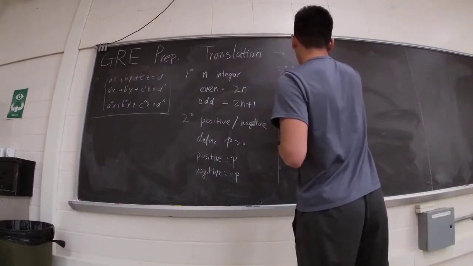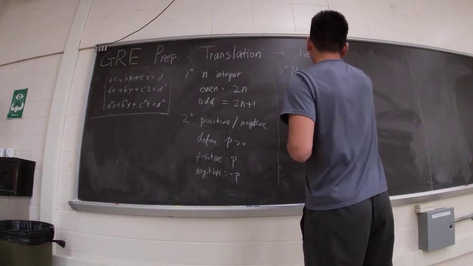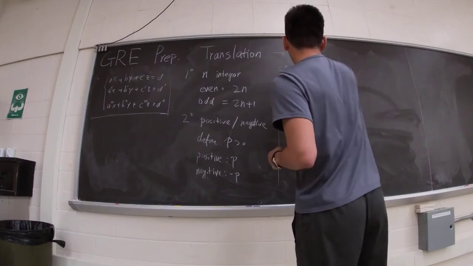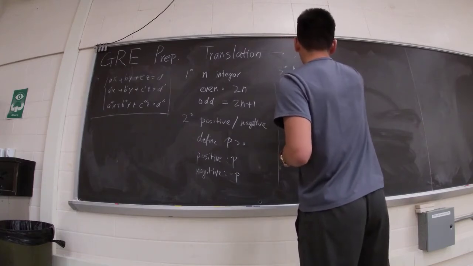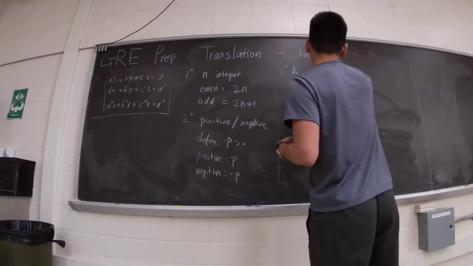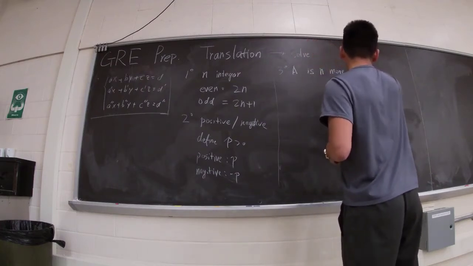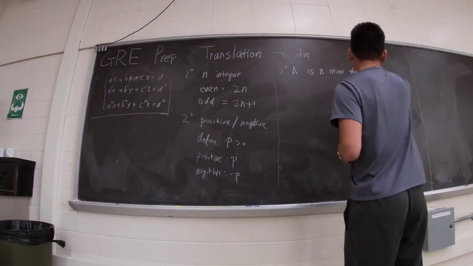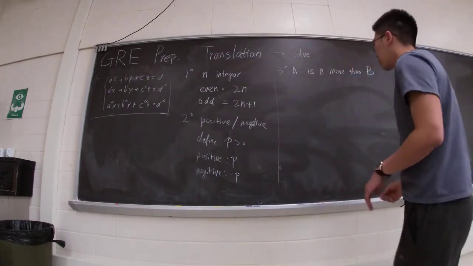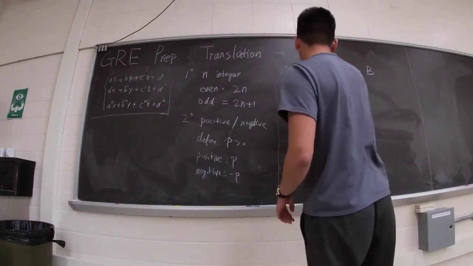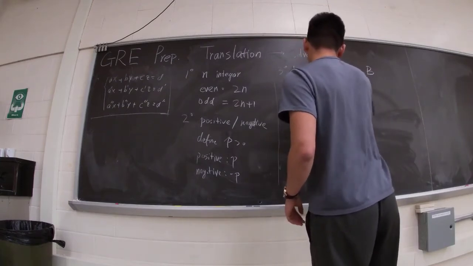Say "more than" or "less than". For instance, a is some number n more than b. So in English, that translates to mathematics as a equals b plus n.